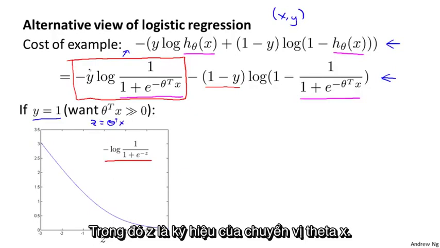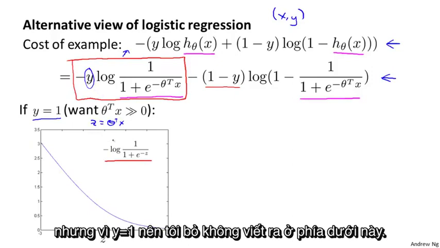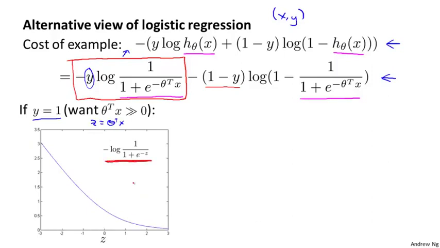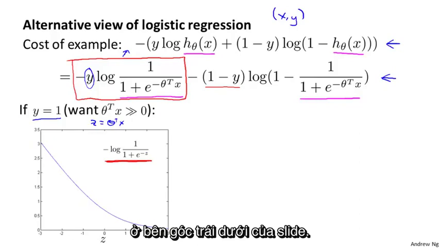And of course, in the cost, we actually had this minus y, but since y is equal to 1, I just simplified it away in the expression that I have written down here. And if we plot this function as a function of z, what you find is that you get this curve shown on the lower left of the slide.